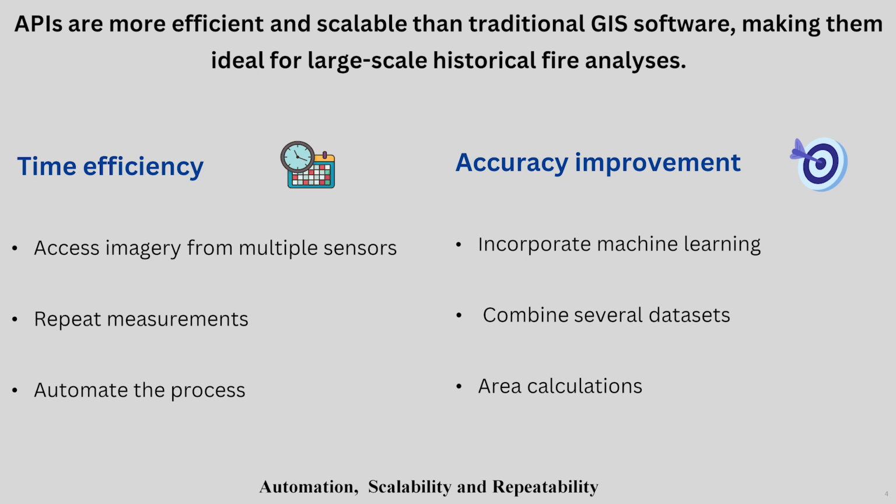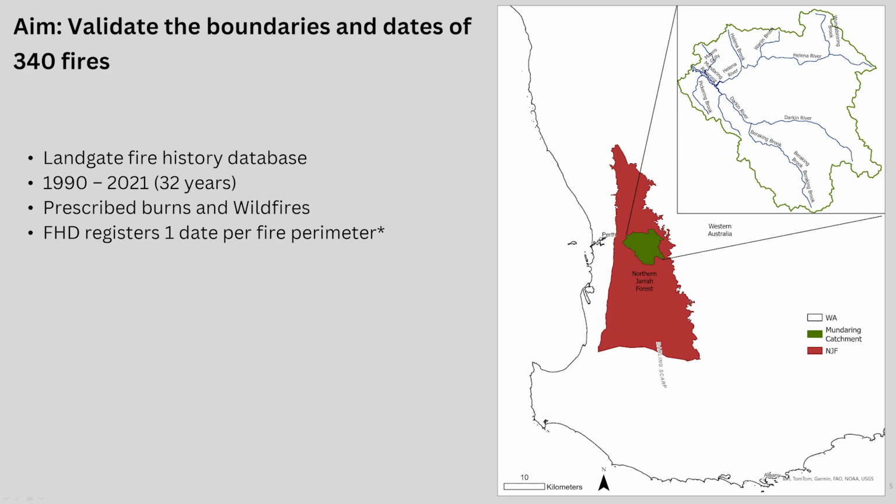It also allowed me to combine several different data sets from different agencies and different satellites, such as MODIS and other data sources, and also provide area calculations, which was one of the main elements that helped me to validate the fire database.